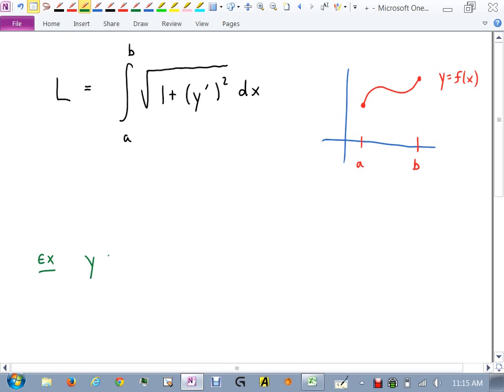y equals 1/6 times (x squared plus 4) to the 3/2, on the interval 0, 3.